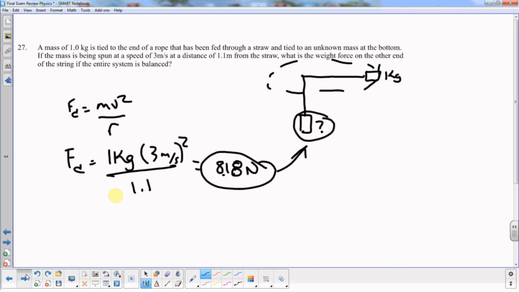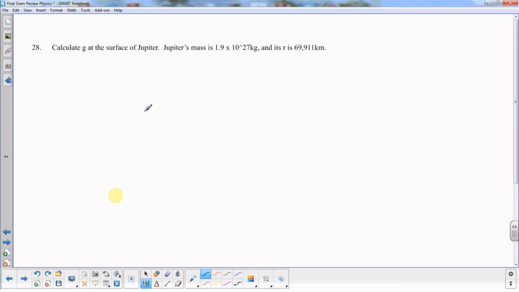Calculate g at the surface of Jupiter. So we're going to do little g. So now we're getting into gravity. This is going to be quick plug and chug stuff. The mass is 1.9 times 10 to the 27 kilograms, and its r is 69,911 kilometers.